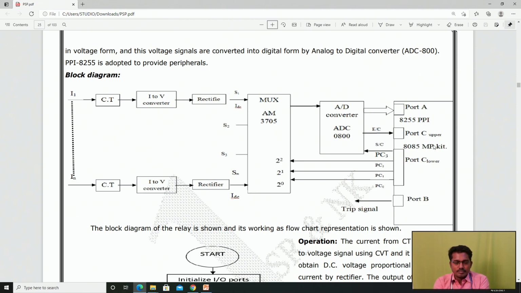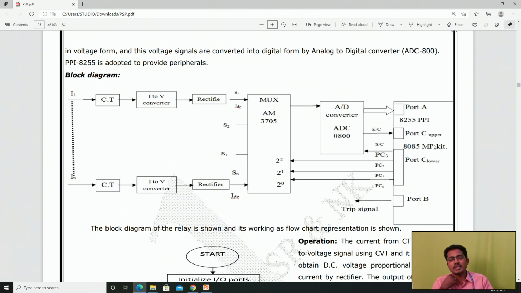In a single sampling we can measure the overcurrent, directional, impedance value, power value, negative sequence, etc. These things can be done in the single process itself, so we can know which fault occurs in the system.